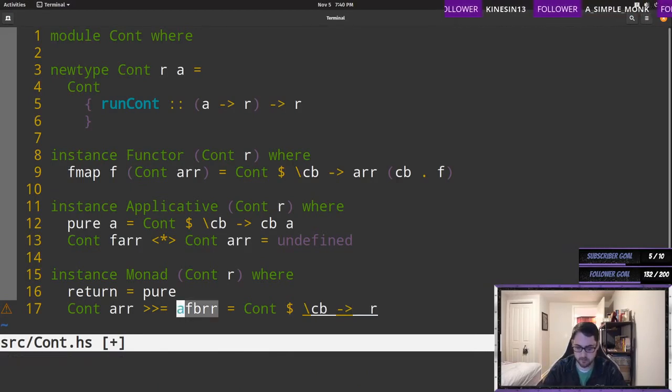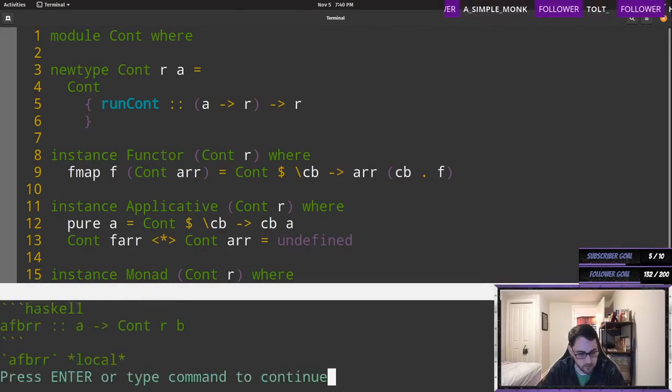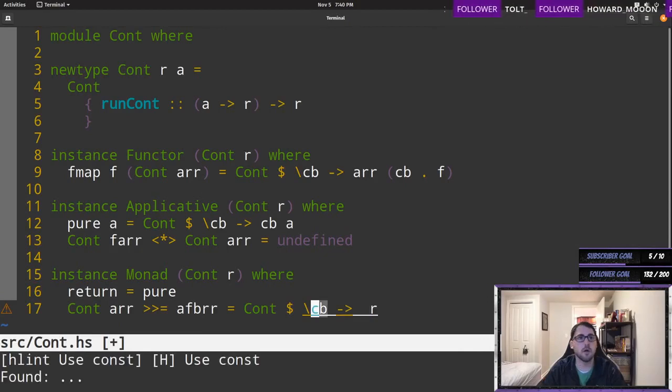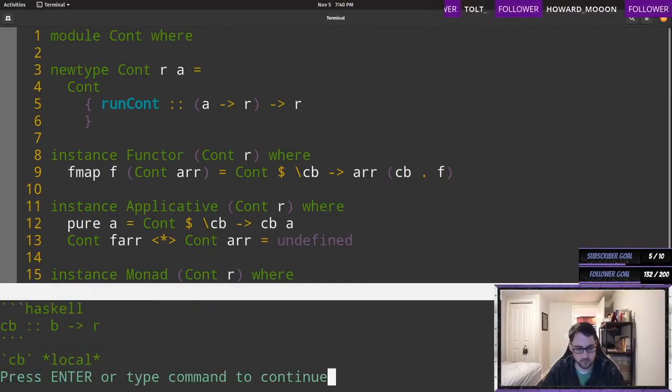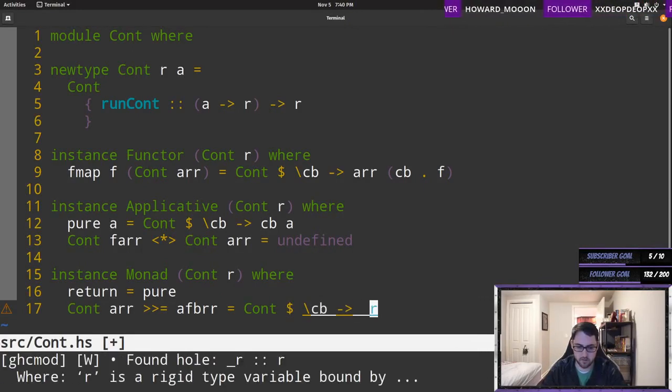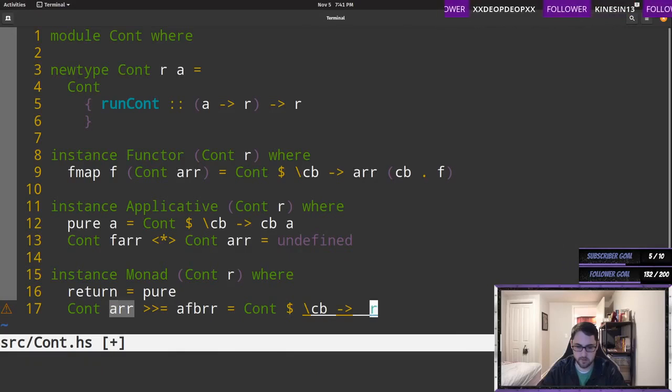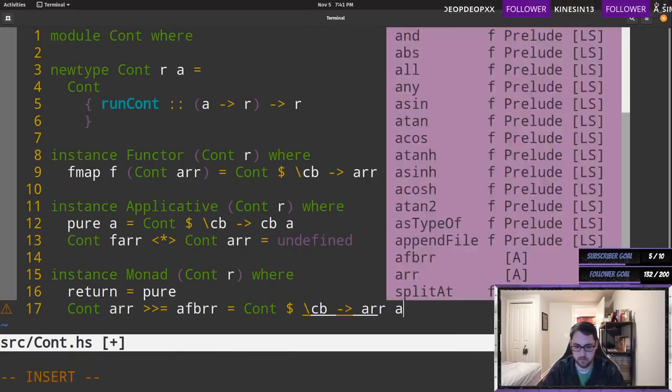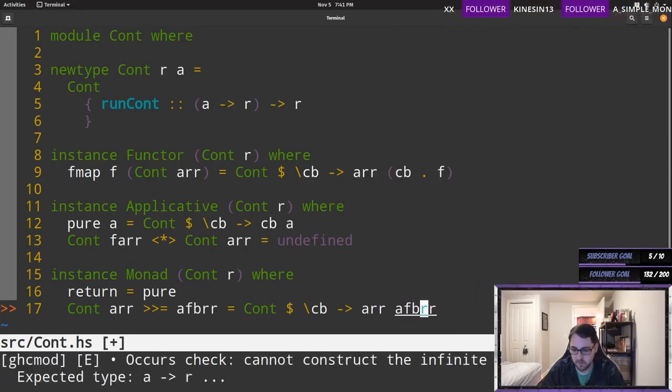And what else do we got in here? Yep. Wait. Yeah. So this is B to R. So I need this.